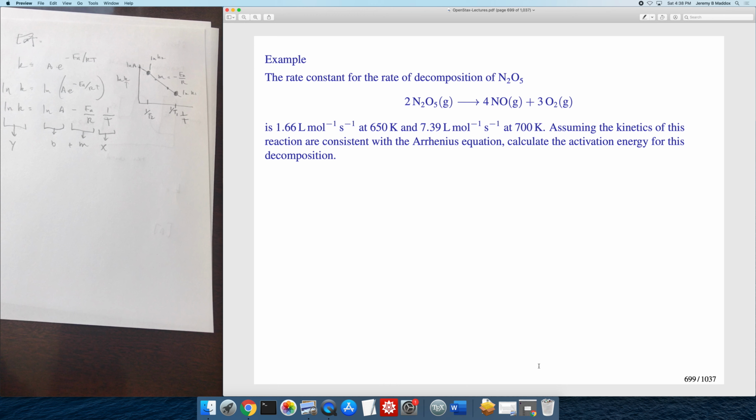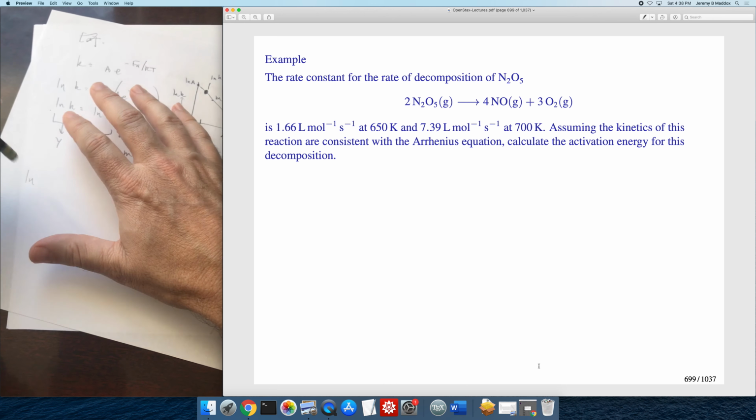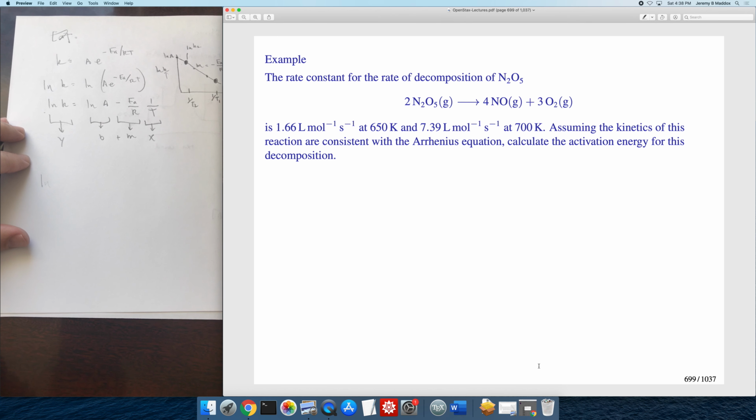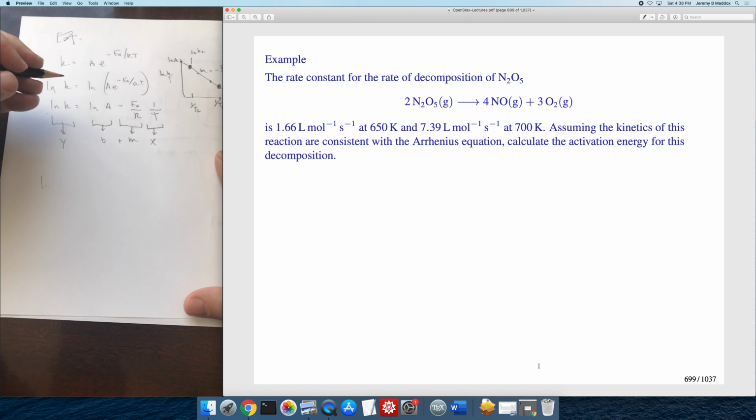Let's go ahead and do this one here. The rate constant for the decomposition of dinitrogen pentoxide is 1.66 liters per mole per second at 650 Kelvin, and it has a value of 7.39 liters per mole per second at 700 Kelvin. Assuming the kinetics are consistent with the Arrhenius equation, calculate the activation energy for this decomposition.